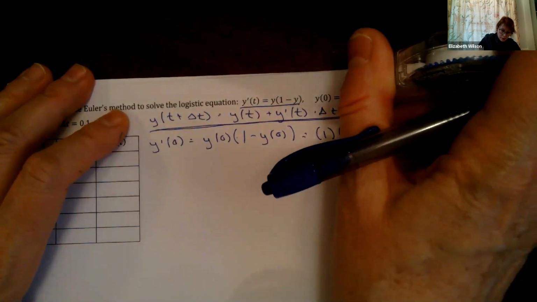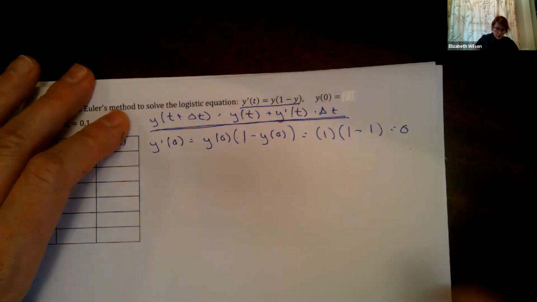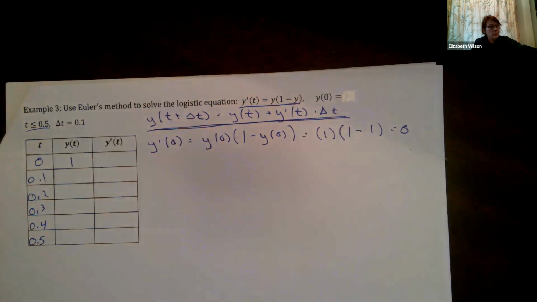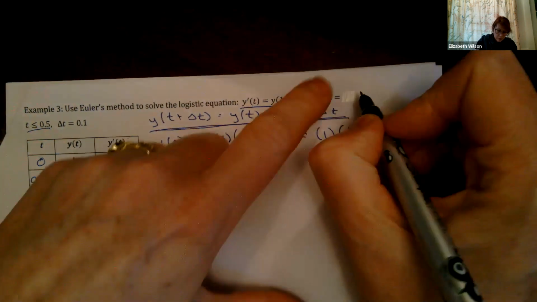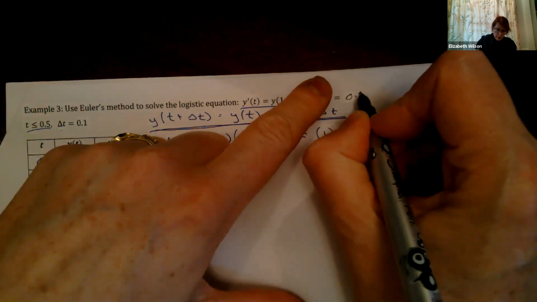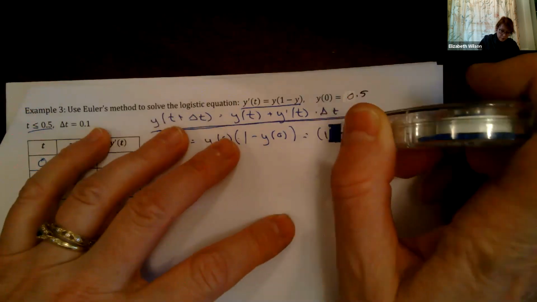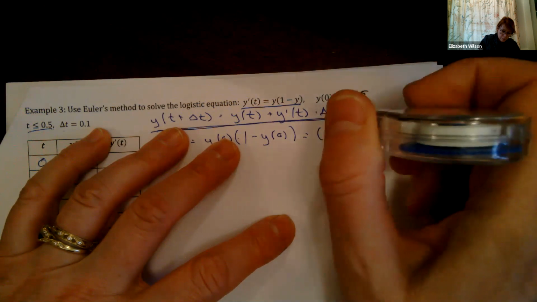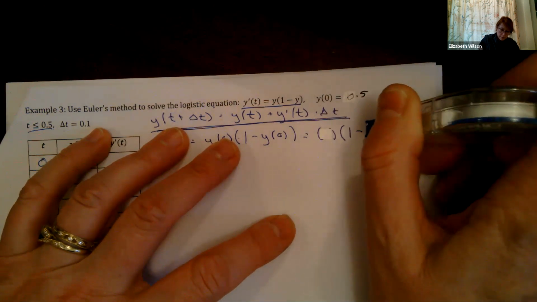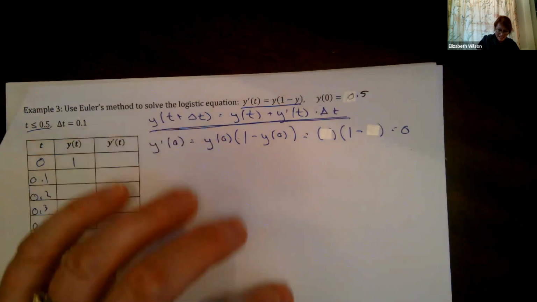Sorry. Let's fix that right now. So my typo, and let me write that in black. y naught equals 0.5. Good. So then I'll change this out too. Whiteout is very helpful.